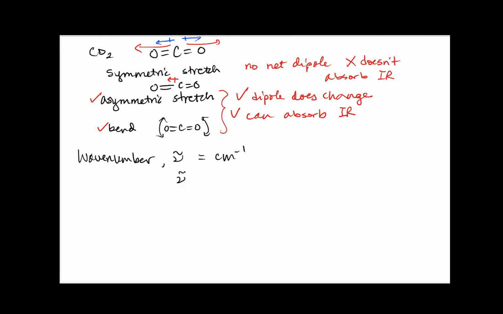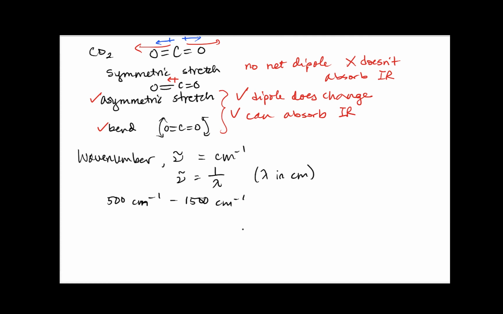And a wave number is just 1 over the wavelength, assuming that the wavelength happens to be in centimeters and not some other unit. So for the most part, for climate change, we are paying attention to the 500 to 1500 wave number range, even though many of these molecules do absorb in other ranges.